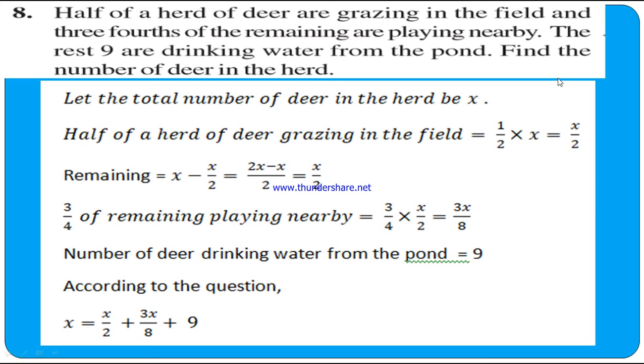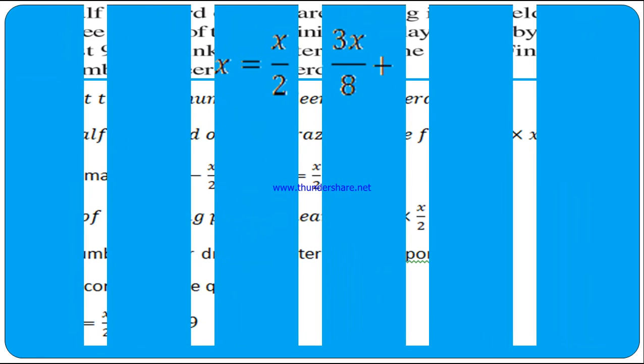So according to the question, the total number of deer x equals the small groups: first group grazing in the field, x by 2, plus the remaining playing nearby, 3x by 8, plus 9 drinking water. So this is the required equation. Now we are going to simplify this equation.